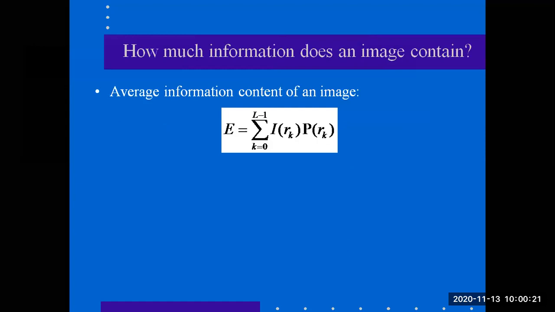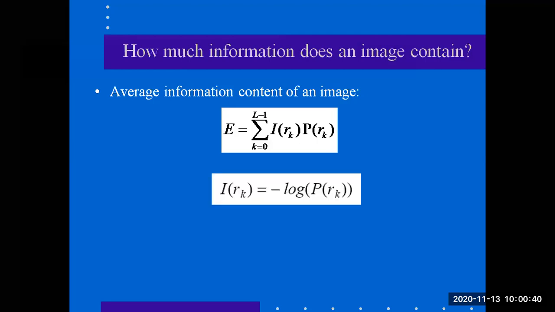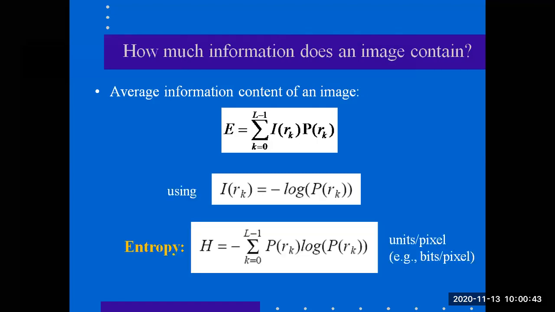Next, average information E is given by E equals sigma k equal to 0 to L minus 1 I of R k into P of R k. Entropy H: entropy is generally bits per pixel value.